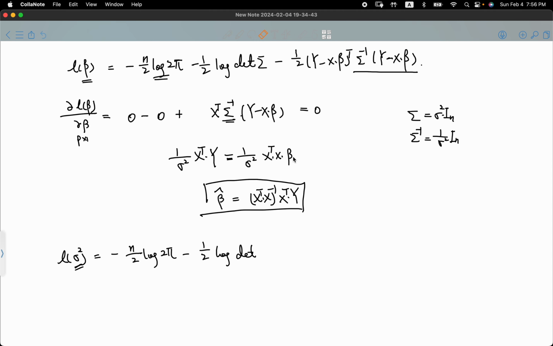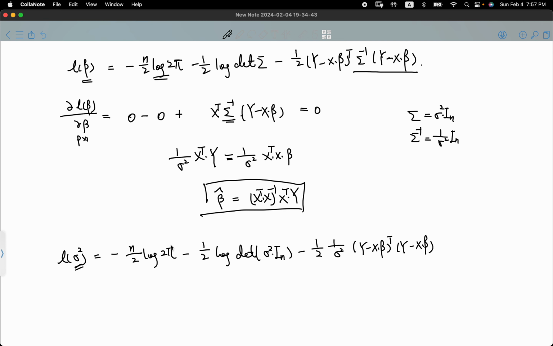I think maybe if we plug in now, it will ease the computation. Plus 1/2, 1 over sigma square, y minus x beta transpose y minus x beta.